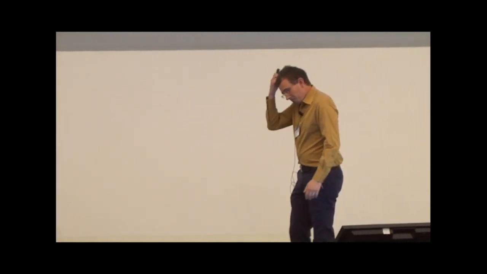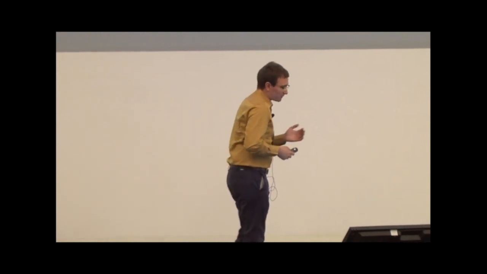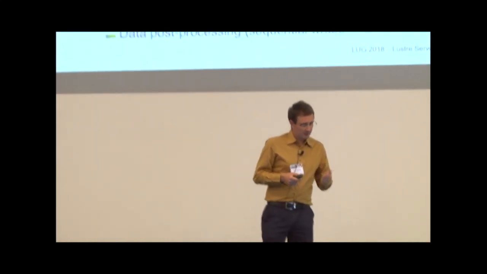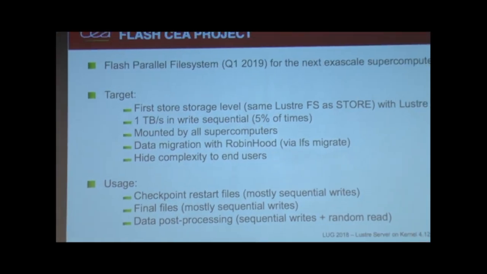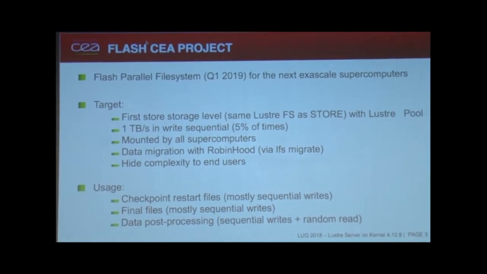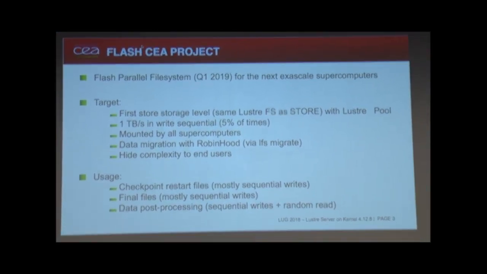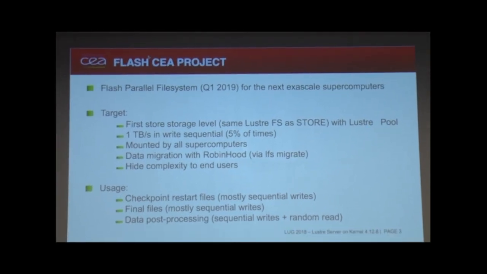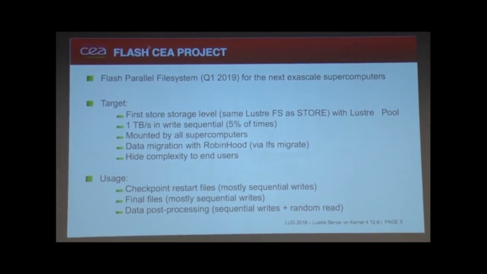I have written down the I/O patterns we have on this file system. Mostly we have sequential writes, but for post-processing we also have some random reads. The question you can ask me is, okay, you need a 1 terabyte per second file system.